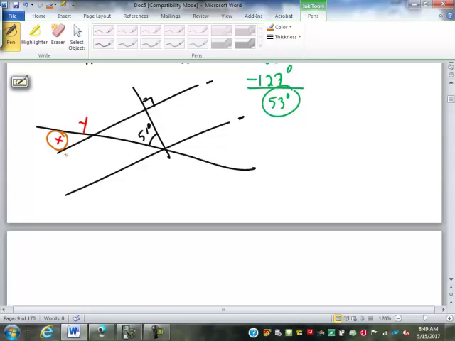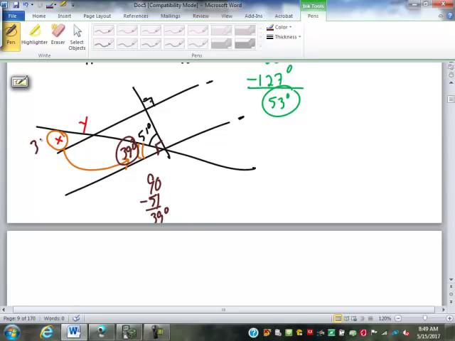Well, X here has to be the same as this angle right here. What's that angle have to be? That's a right angle, correct? It's a right angle here, it's got to be a right angle down here. That means those two are complements. Yeah, 90 minus 51 is going to be 39. So 39 degrees there.